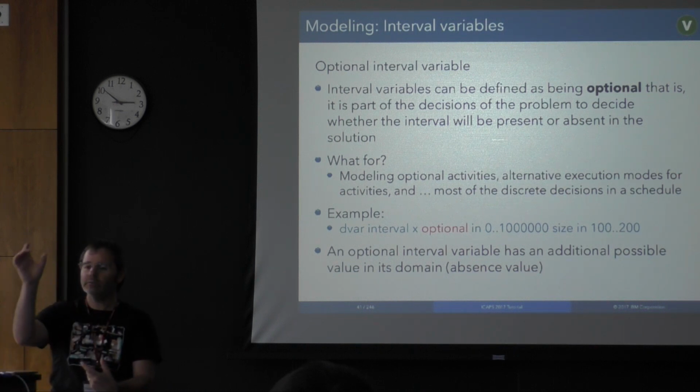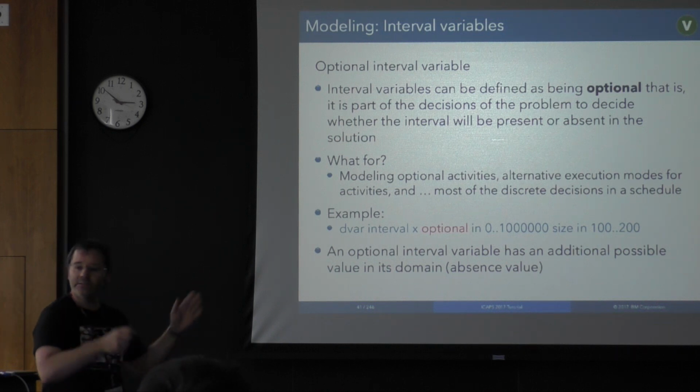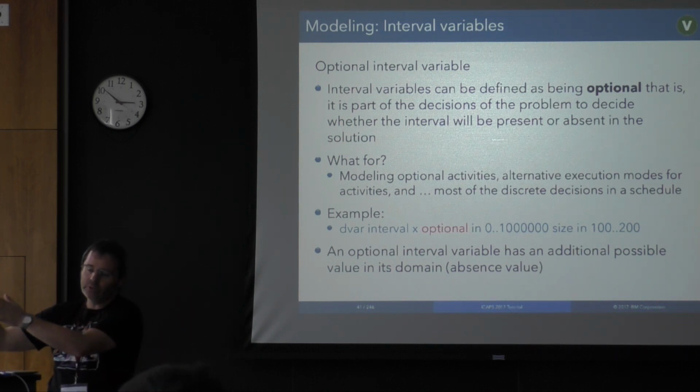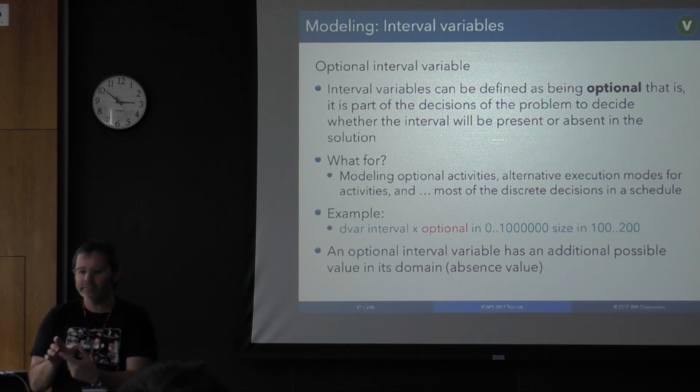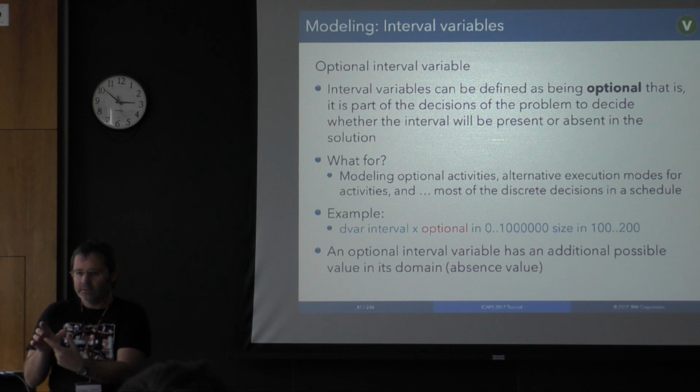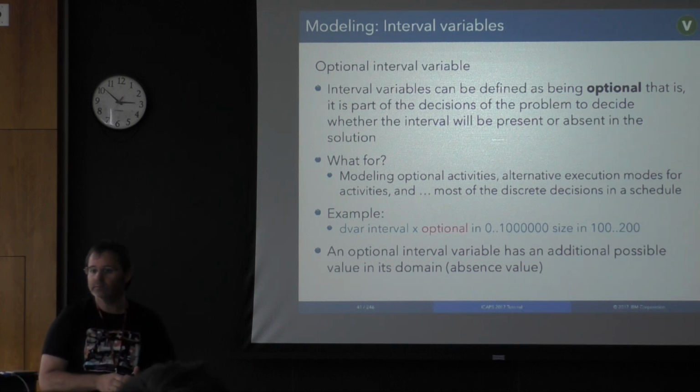You will have 3 optional interval variables, each with a domain restricted to be inside its time window, and we will see a constraint called alternative that says these 3 candidates are the alternatives for realizing the other interval variable. We will have that next.